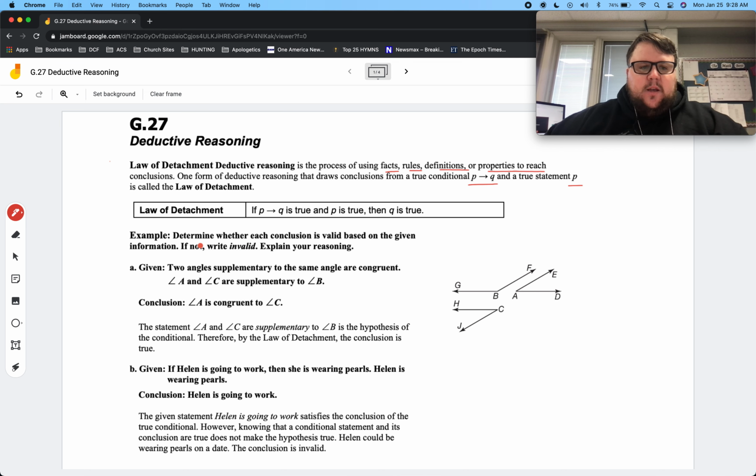So for an example, here we have: determine whether each conclusion is valid based on the given information. If not, write invalid. Explain your reasoning. Given, two angles supplementary to the same angle are congruent.